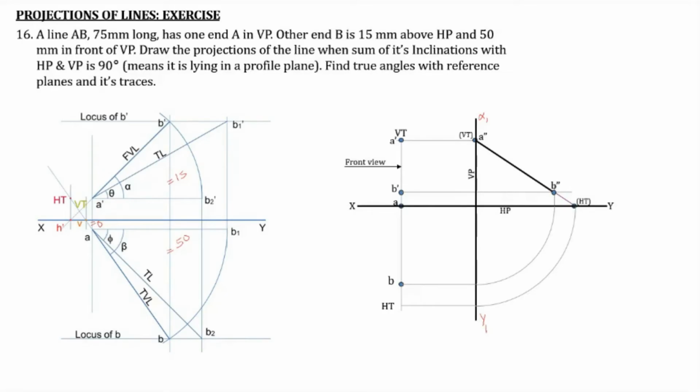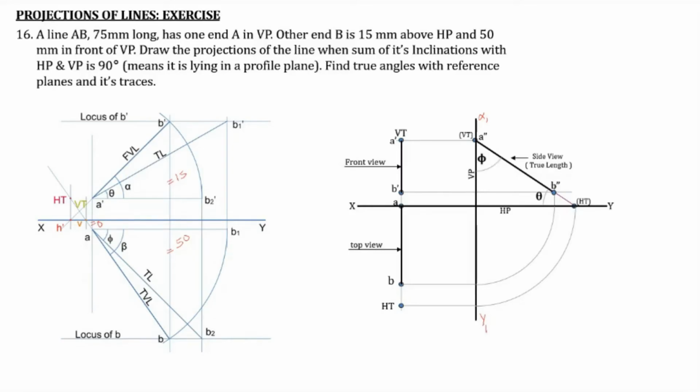So this is the front view and this is the top view, and we can join A dash and B dash in order to get the final front view, and A and B in order to get the final top view. So this line is the side view, and the length of the side view will be the true length, that is 75 millimeter.